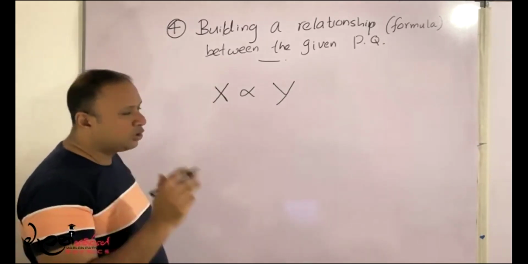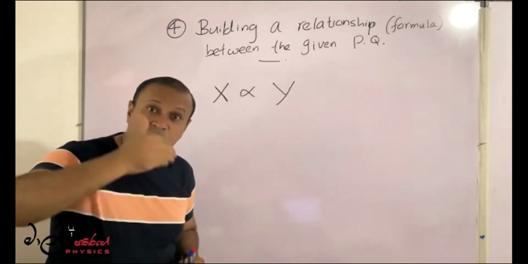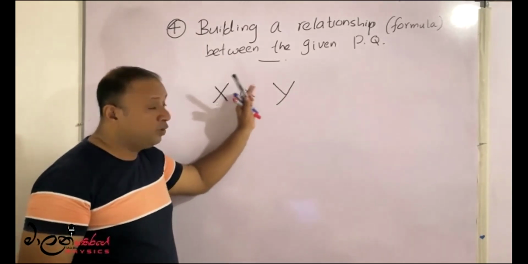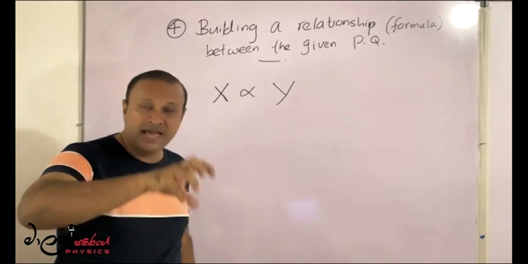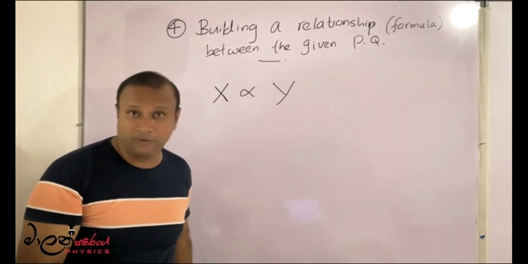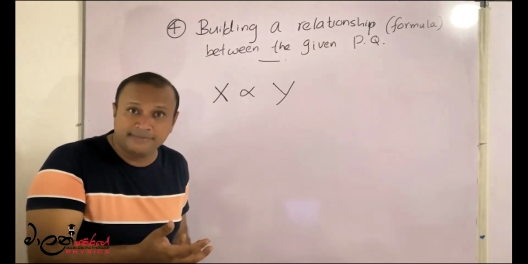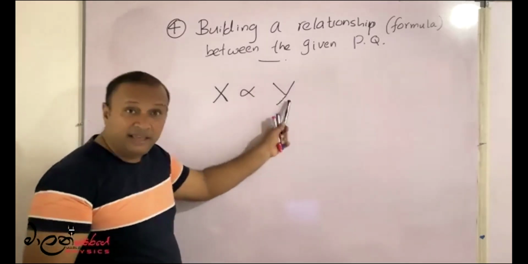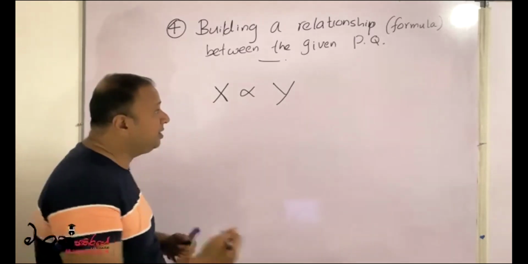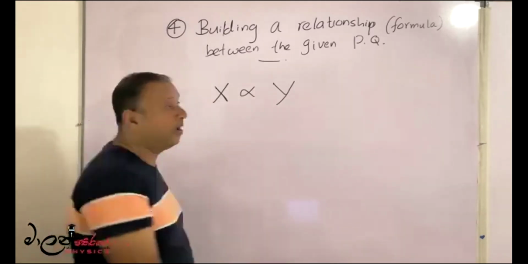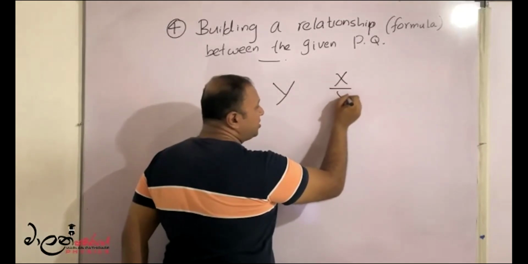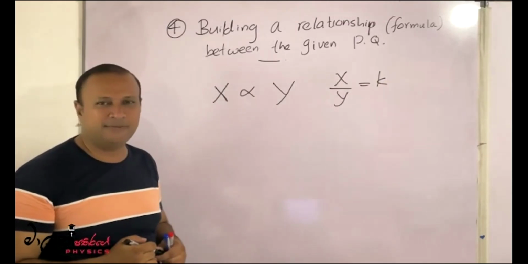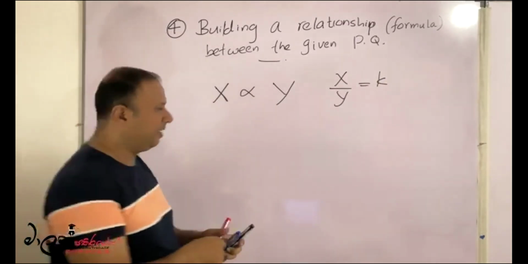Okay. So if x directly proportional to y, so this is the relationship. So using this relationship, I can build an equation. How to do that? Using their definition. So if x directly proportional to y, that means the ratio x over y should be a constant. k is the symbol of constant.